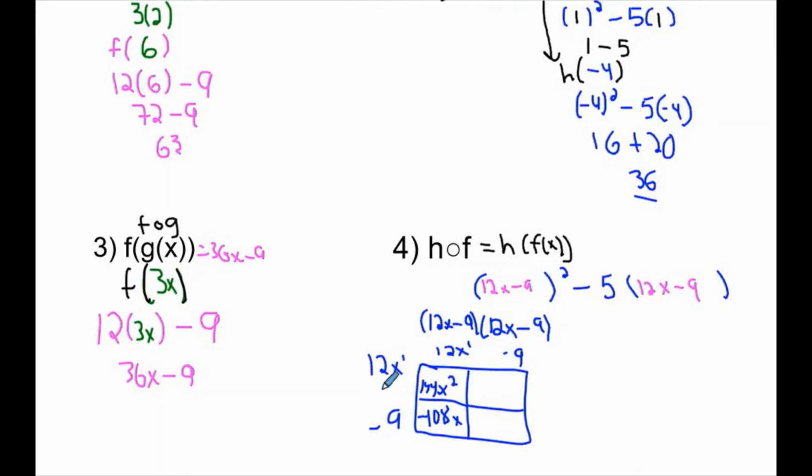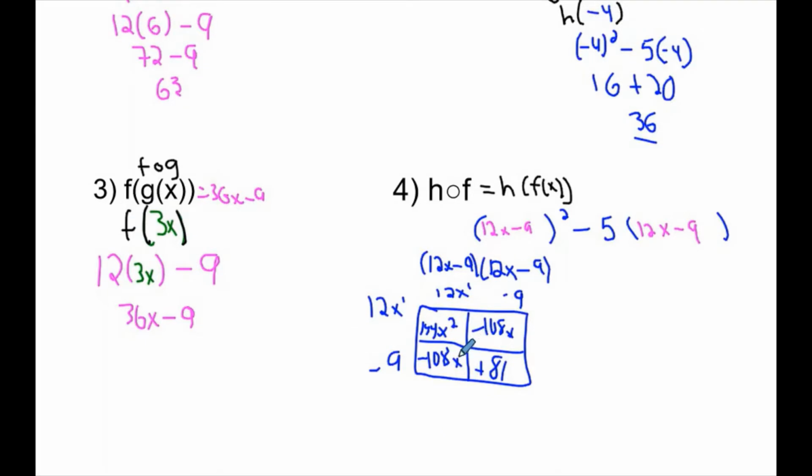Luckily, when you do square things, there are duplicates. So 12x times negative 9 is again negative 108 with the x. Okay, and then the last thing we have is negative 9 times negative 9, which is positive 81. And it does help to just put that positive in there because you're going to need it in the answer anyway. Again, as mentioned before, the like terms, if both of them are put in standard form, are on the diagonal.